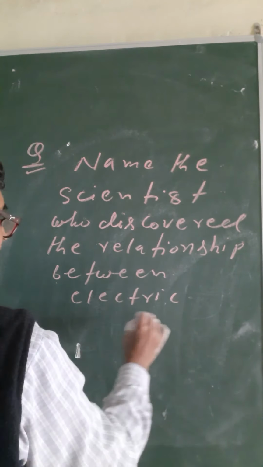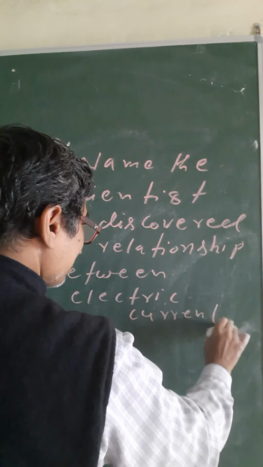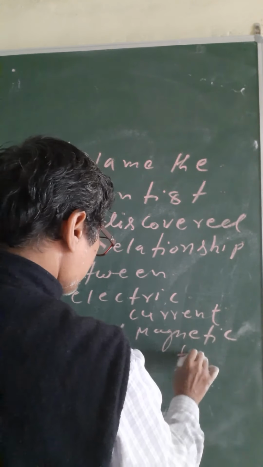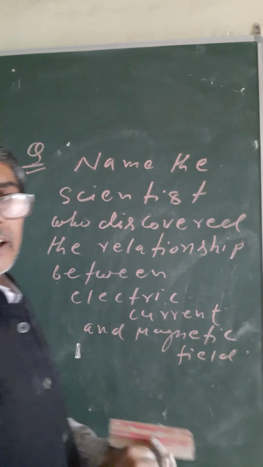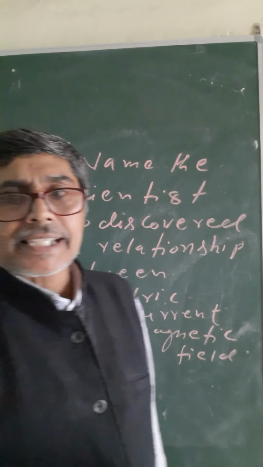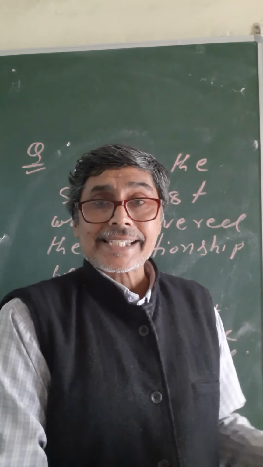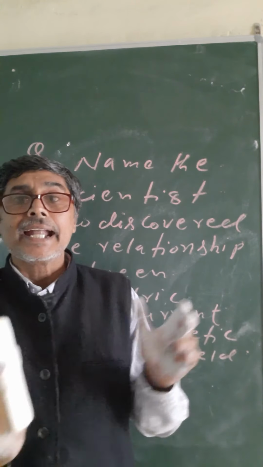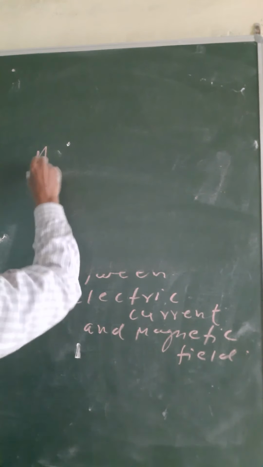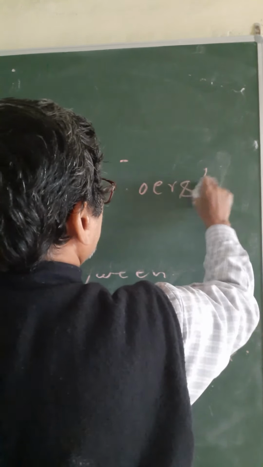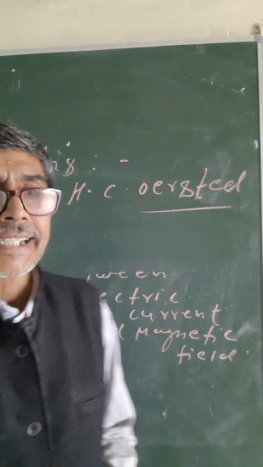The scientist is H.C. Oersted, Hans Christian Oersted, a Danish physicist, who set up the relation between electricity and magnetism in 1820. So the answer is H.C. Oersted.